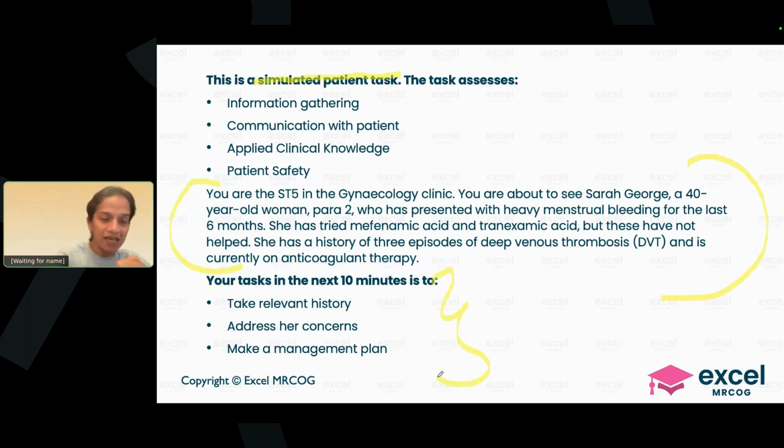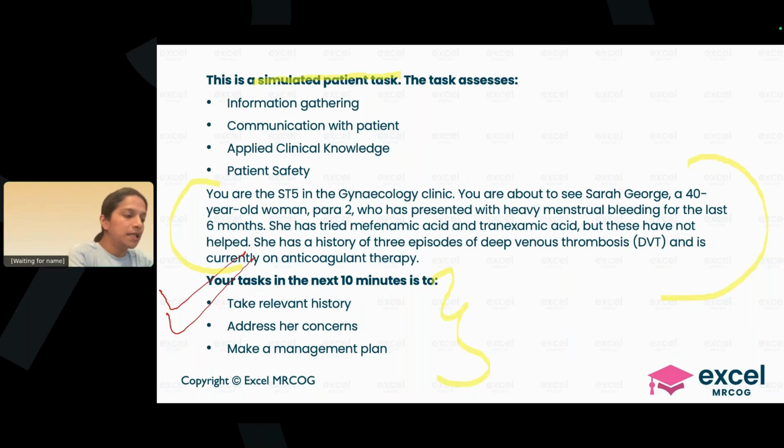When they say take a formal consent for forceps delivery, you have to be prepared for writing the consent. That's why the task is important. Sometimes they will just say, counsel the lady for forceps delivery. That means you just have to talk to her about forceps. So please note that this particular part of the station is really, really important.